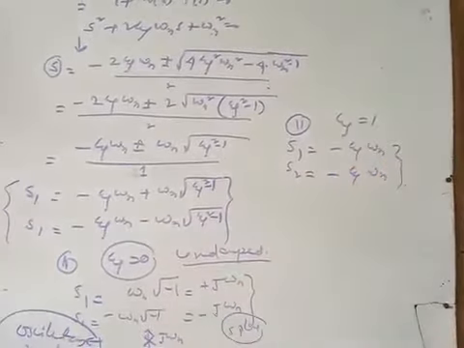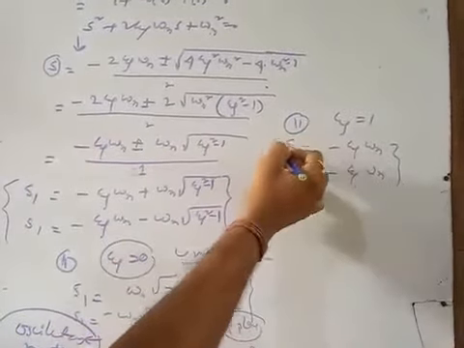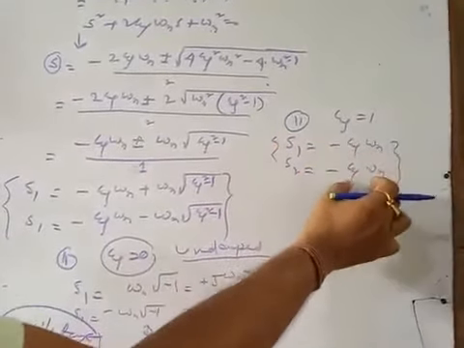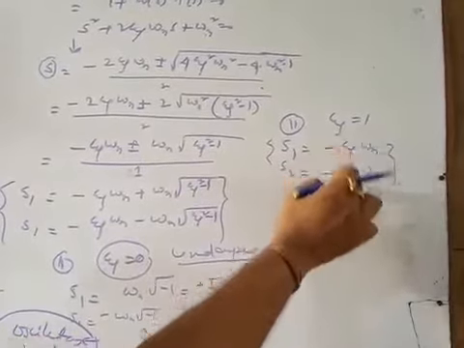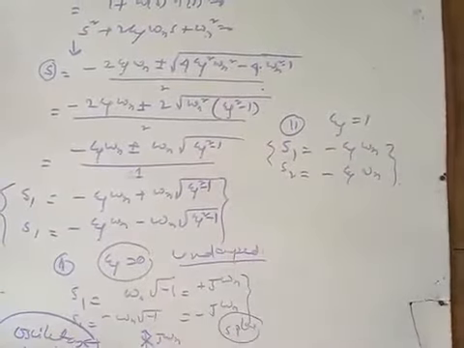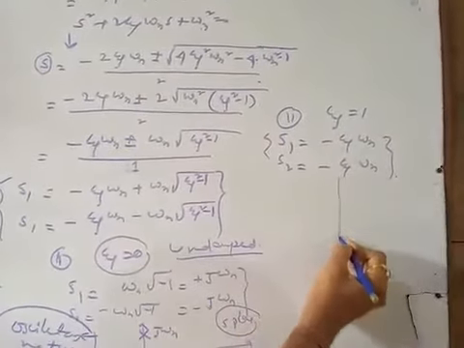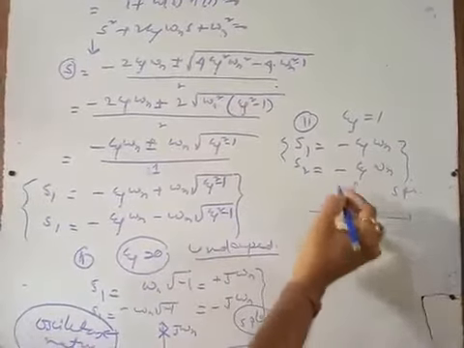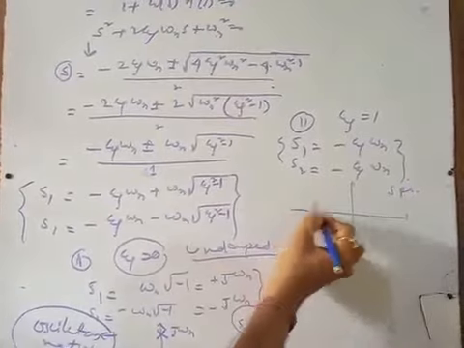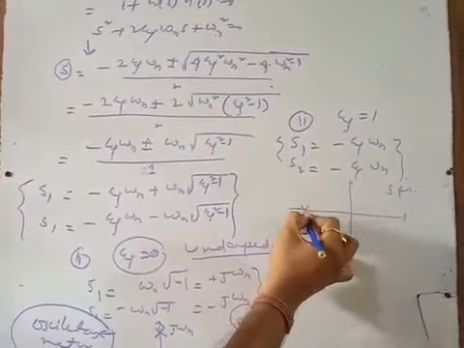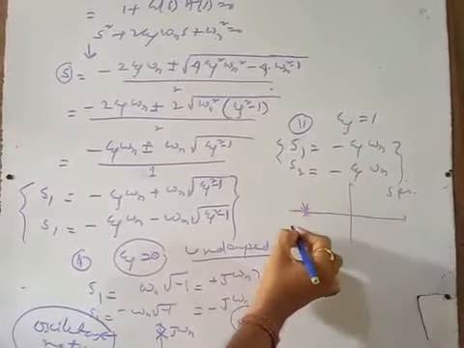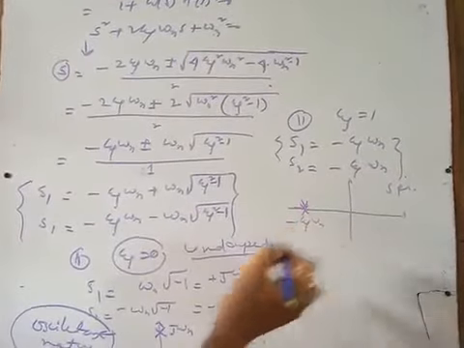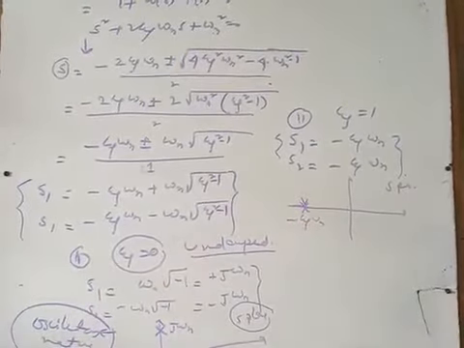The two poles S1 and S2 are in the same position and they are only real values. If you place this in the S plane, these two poles are located on the negative real axis, as a double pole at minus xi omega n. This is for the critical damping situation.